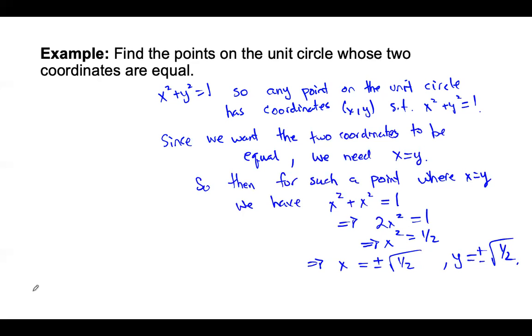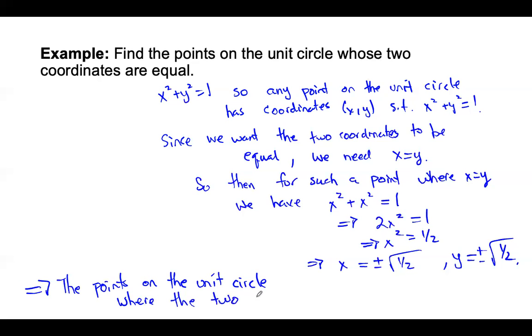Thus, I'm leaving a space here for a reason. The points on the unit circle where the two coordinates are equal are these points.